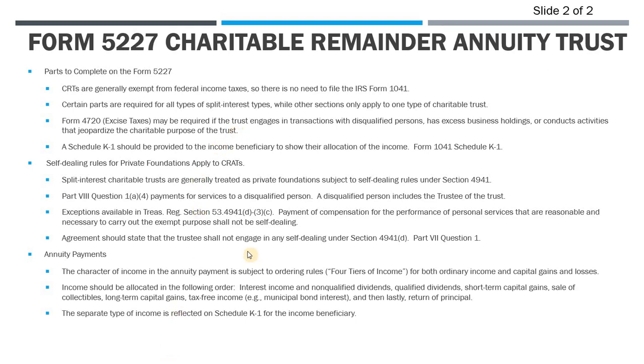Now, this is where that section comes into play with respect to self-dealing, right? So split interest trusts are generally treated as private foundations that are subject to these self-dealing rules. And so the trust agreement should contain a provision that says you cannot do this, right? You can't engage in self-dealing types of transactions, or it is covered under state law.